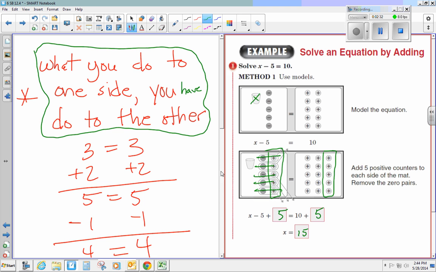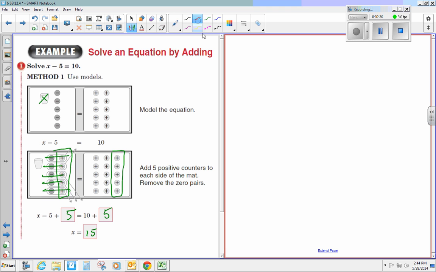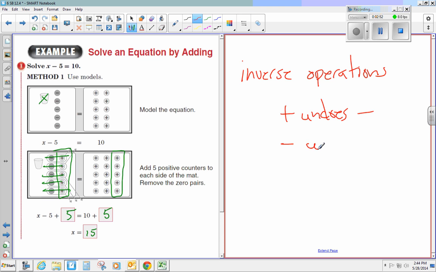So, what we're looking at is a reminder from last notes of inverse operations. Inverse operations. Addition undoes subtraction. Subtraction undoes addition.